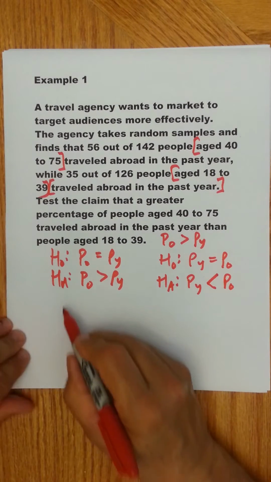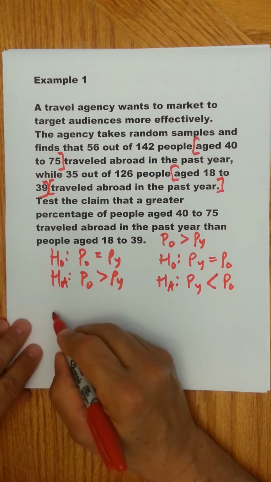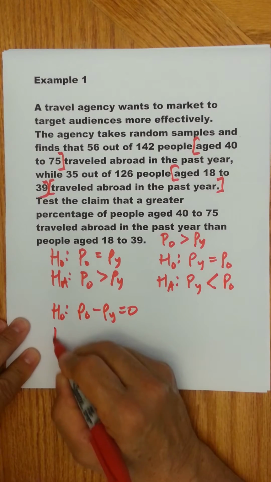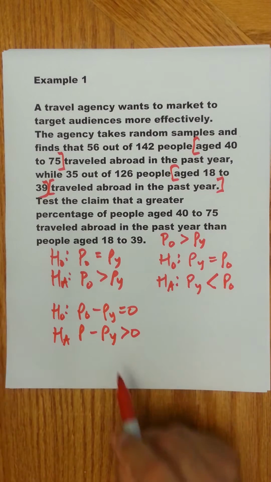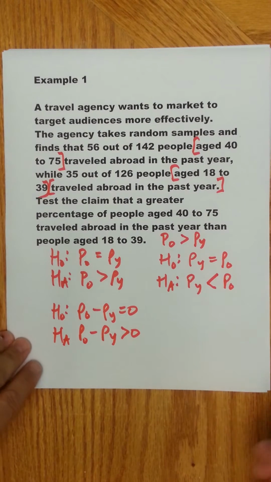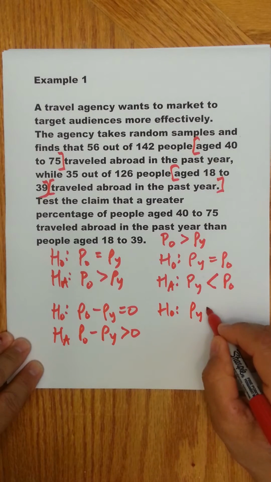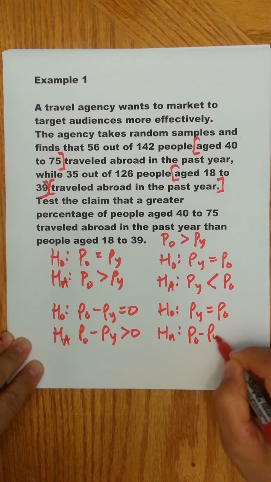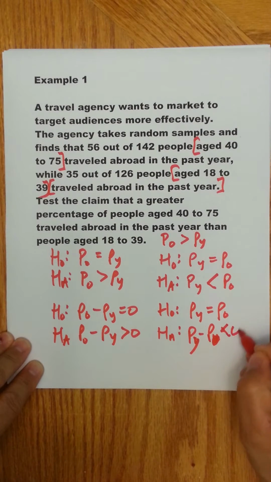And again, if you subtract, using algebra, the same quantity from both sides, you would have that the difference is 0, or that the difference is positive. And the only way you could get a positive difference is if the first quantity is larger than the second. And again, just rewriting the order, so Y and O. Like that.